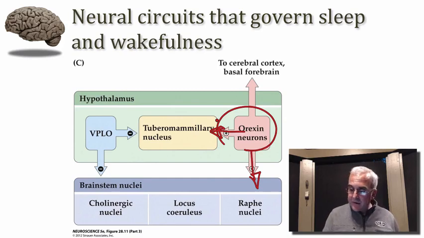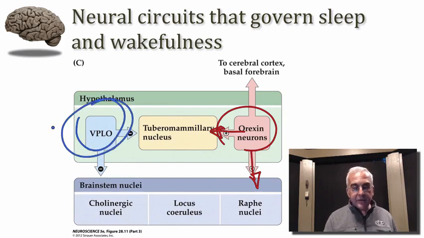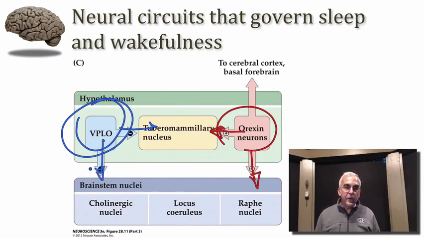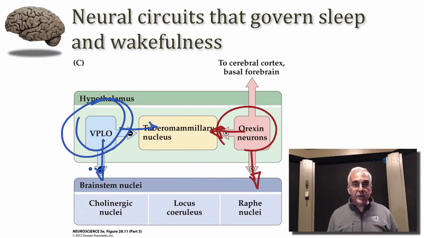Now, these circuits are being antagonized by this anterior part of the hypothalamus, this ventrolateral preoptic nucleus, which is suppressing the activity of this tuberomammillary nucleus, and likewise sending signals that have a suppressive influence over our cholinergic neurons and our adrenergic neurons and our serotonergic neurons of the brainstem.